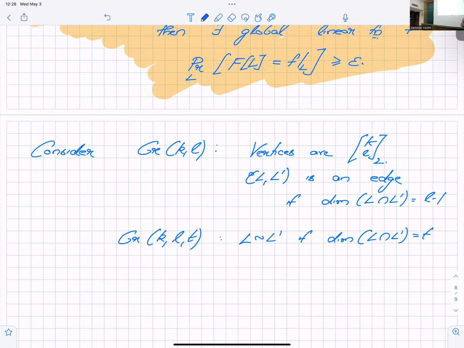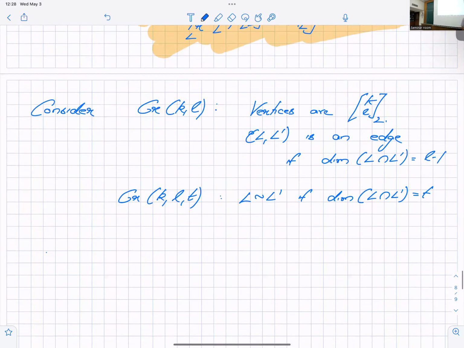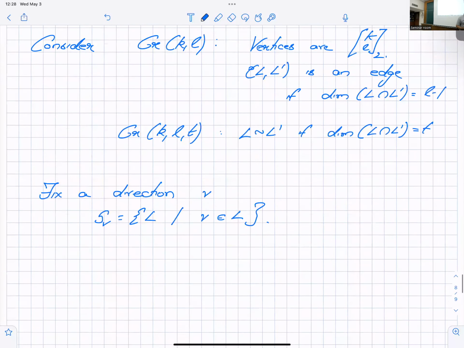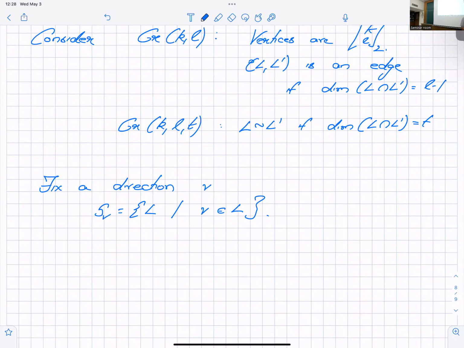What is our example? Let's fix a direction, say V. And S_V is the set of all L such that V belongs to L. There are other observations that S_V is a non-expanding set.